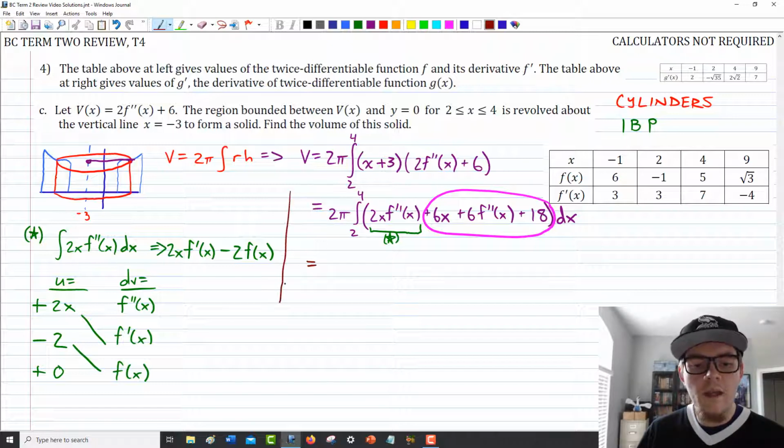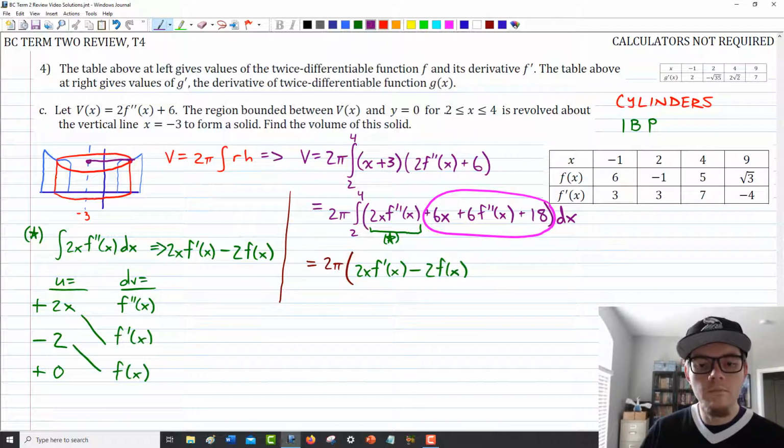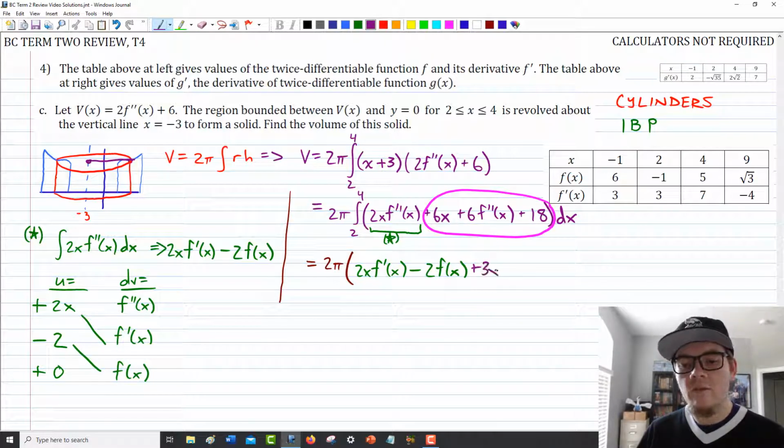So again, I'll draw a line here just to separate that. In this space, we'll have 2 pi times our antiderivative here, 2x f prime of x minus 2f of x. That's our antiderivative. The antiderivative of 6x is 3x squared. The antiderivative of 6f double prime is 6f prime of x.